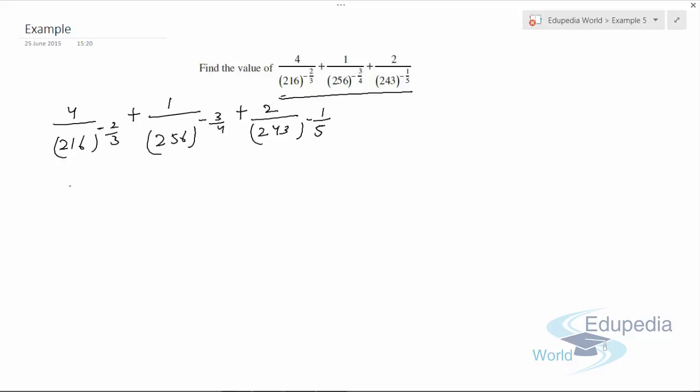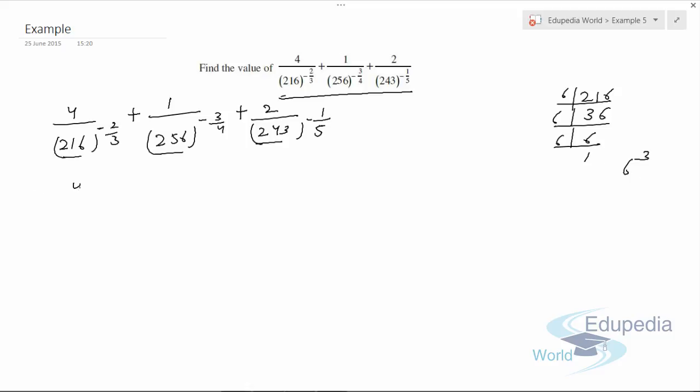So what is the next step? We have to simplify each number to its prime factors. Again, 216 can be factorized as 6, 6 3s are 18, 3 carry 36, 6 6s and 6 1. So it can be written as 6 cube.